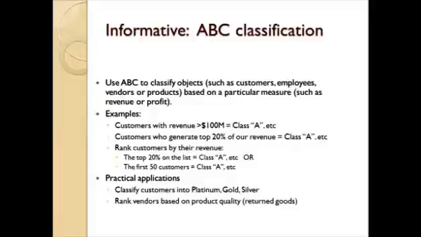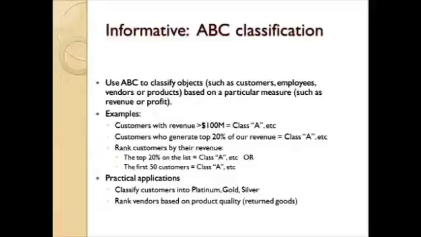This is also widely used for marketing applications. For instance, a lot of times we want to classify our customers based on certain criteria: based on the revenues, based on the profits that we generated from them, based on other figures and so on.